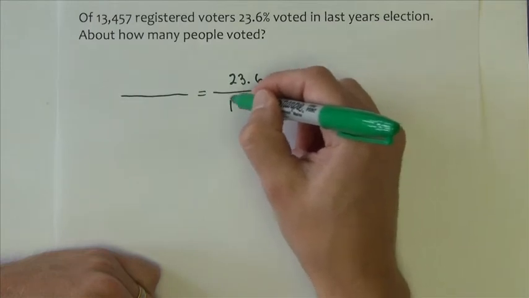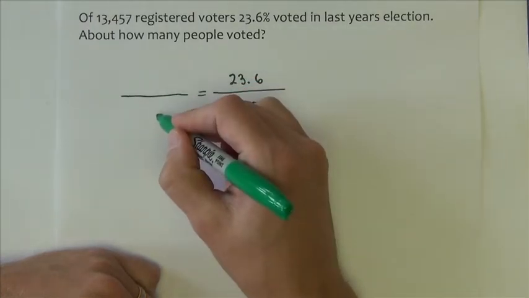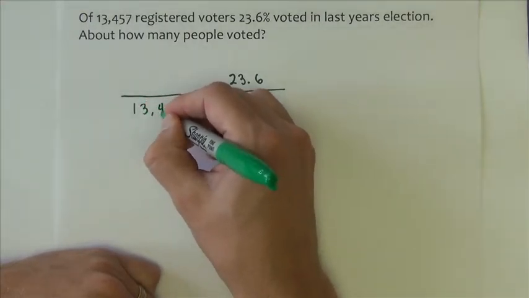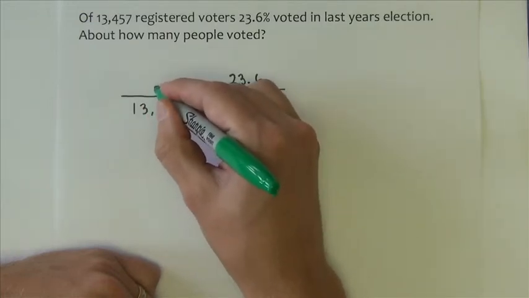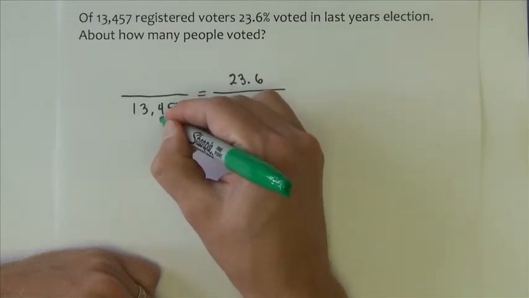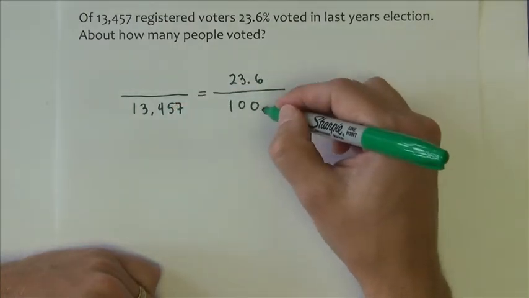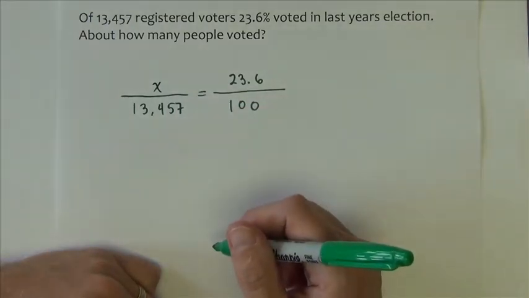So on the bottom of this fraction is where I'm going to put the total number of voters, just 13,457. And the numerator of this fraction would be the part of this total that voted, just like this is the part of 100% that voted. I don't know how many people that is, so we'll call that x.